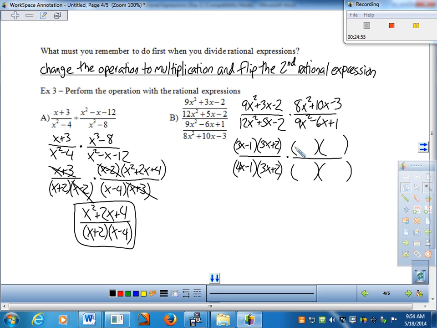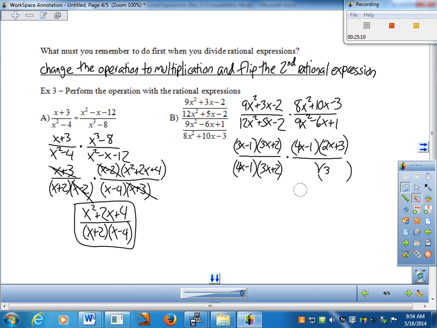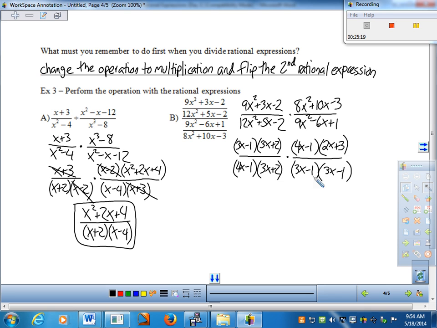Top right, I have 4x minus 1, 2x plus 3. And last but not least, this one looks like a perfect square trinomial. Oops, let me get that sign right for you in there. So I have 3x minus 1, 3x minus 1. All right, looking good.